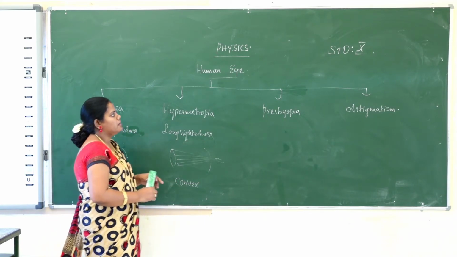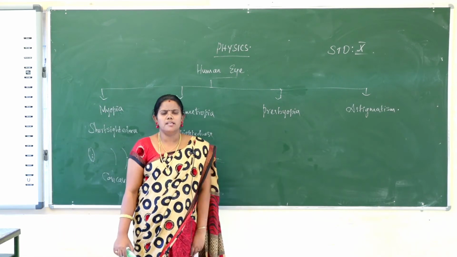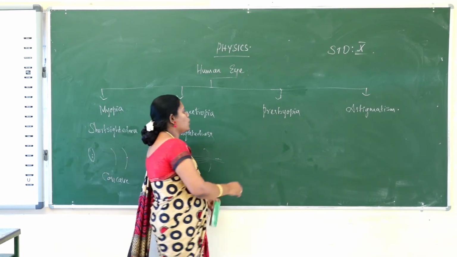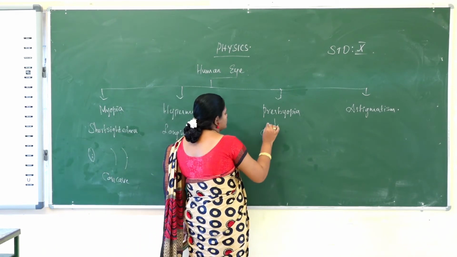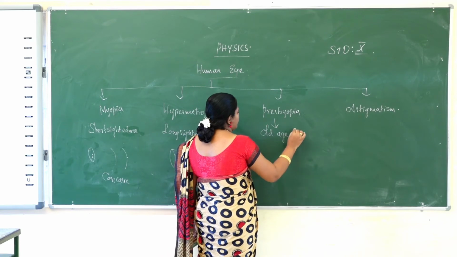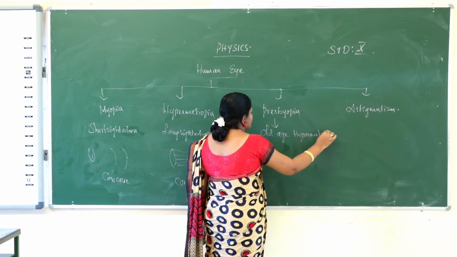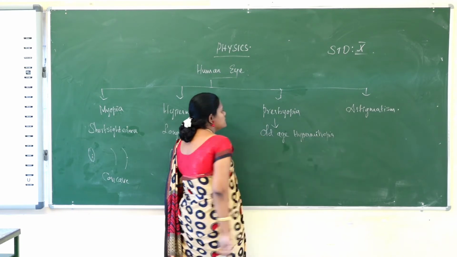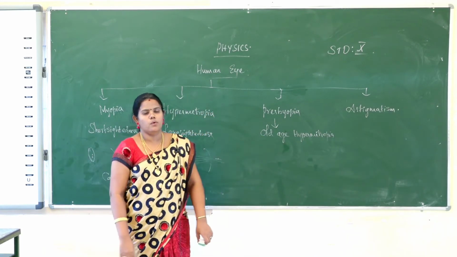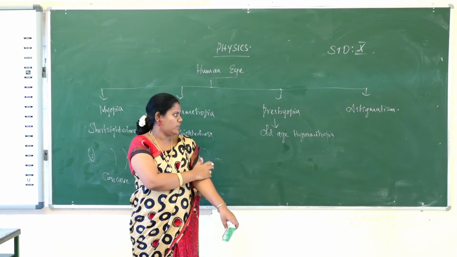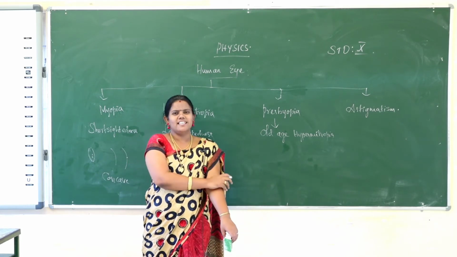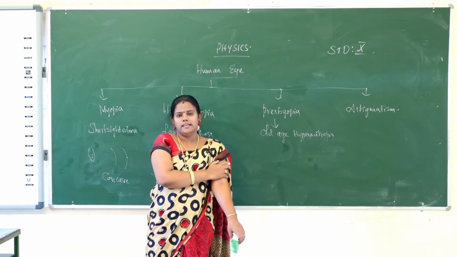Okay, then presbyopia. Presbyopia is also termed old age hypermetropia. What is the meaning of old age hypermetropia? Some people, nearly at the age of 40, couldn't see the letters in nearby books.